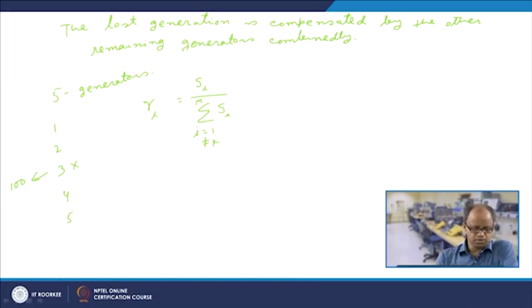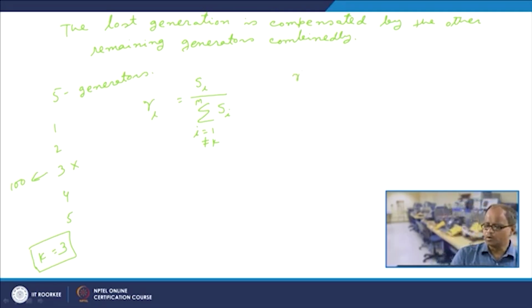So, what does this mean? I have got 5 generators, 1, 2, 3, 4, 5, and generator 3 has gone out. So my K is 3, K being the generator which is experiencing the outage.